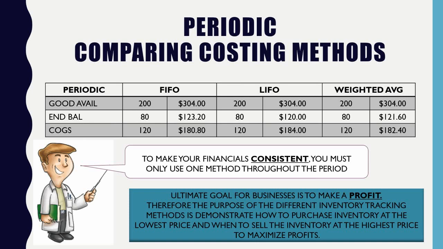So there's a lot of reasons why companies would choose a certain method over another. Okay? So yes, this is just a good example of showing you exactly what the difference is and how the results affect the overall company's inventory. Okay?